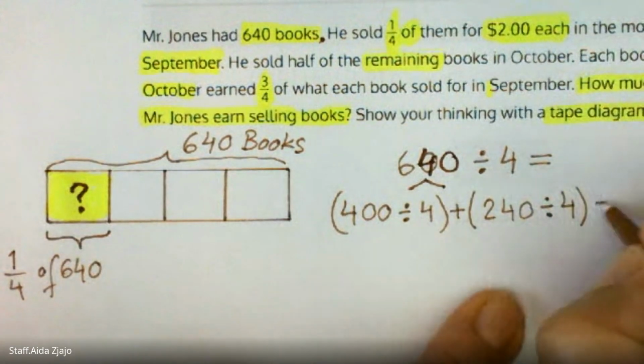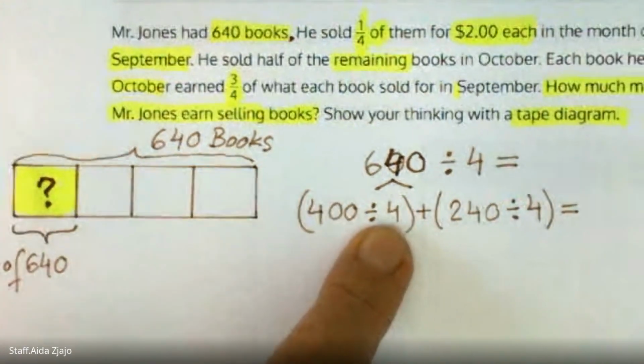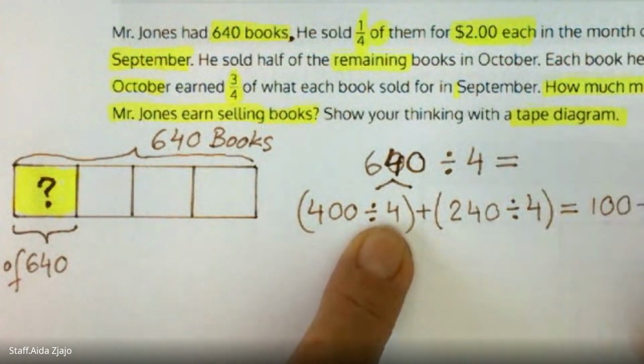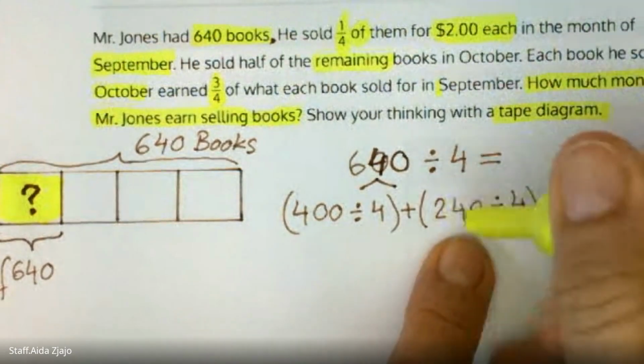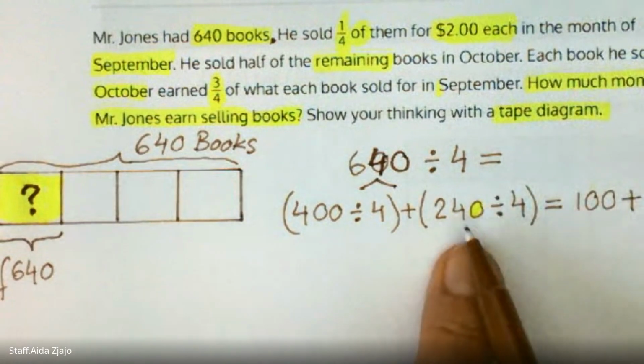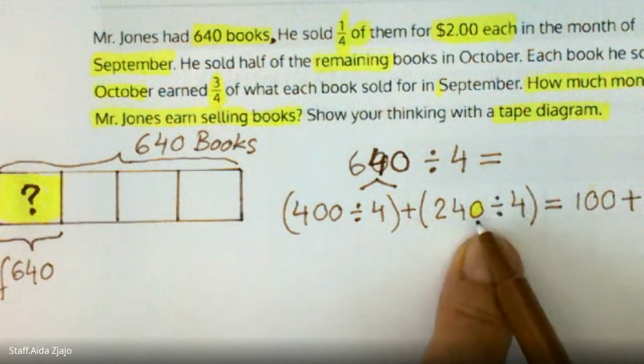This is 4th grade division. 400 divided into 4 pieces, each piece is 100. For 240, I can think 24 divided by 4 times 10 again.